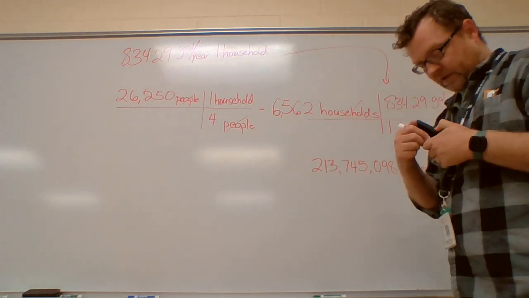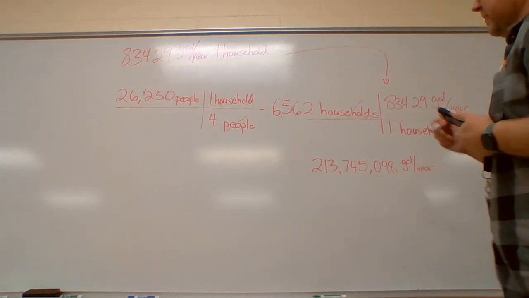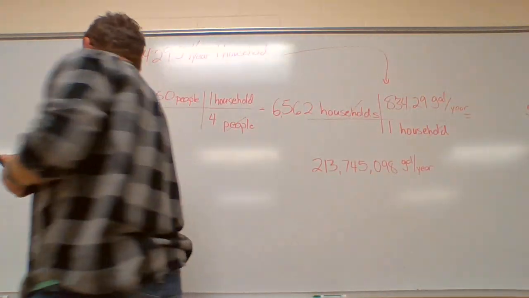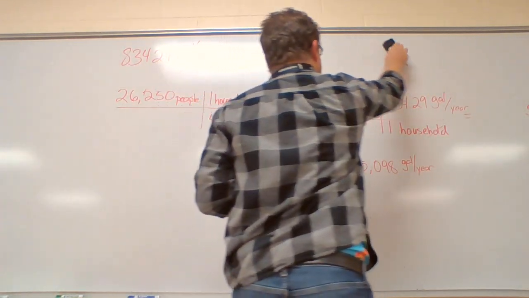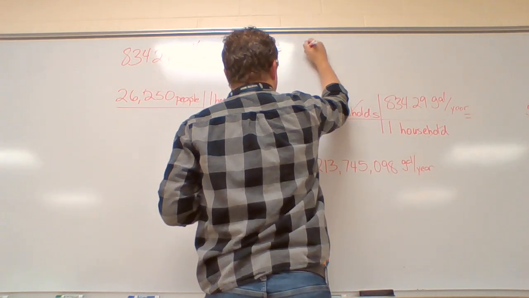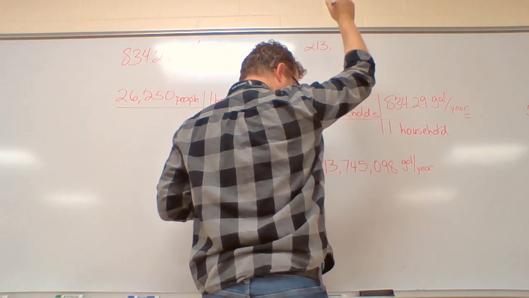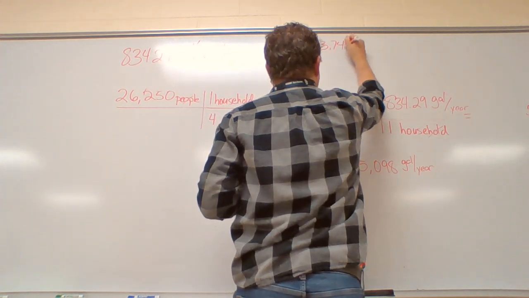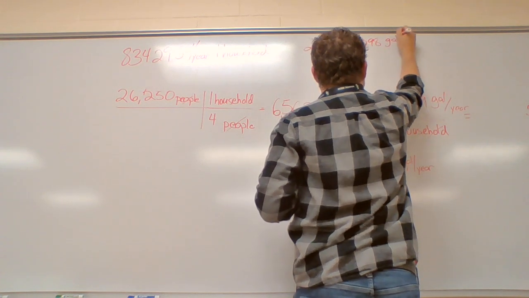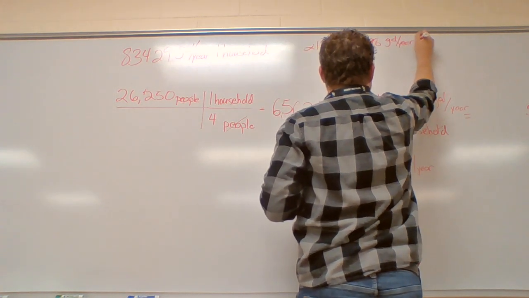Okay. All right, so let's put that number up here too now. One more problem to go. So this is now 213,745,098 gallons per year in the community.